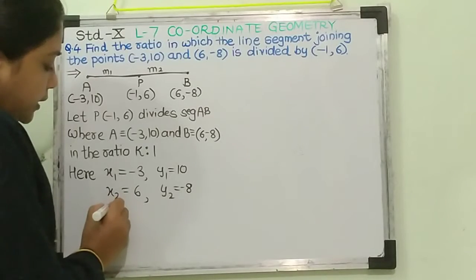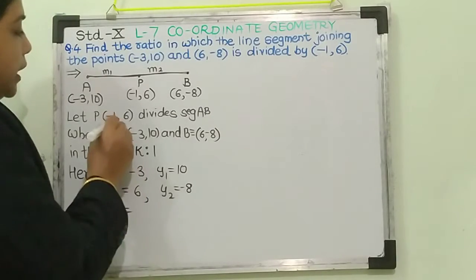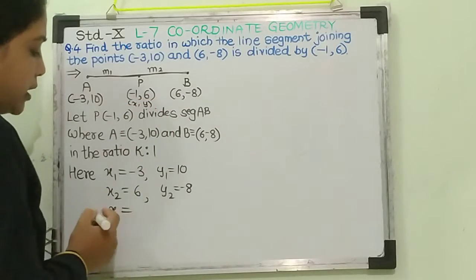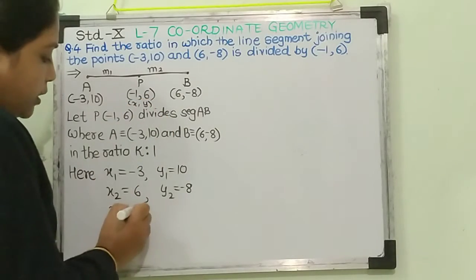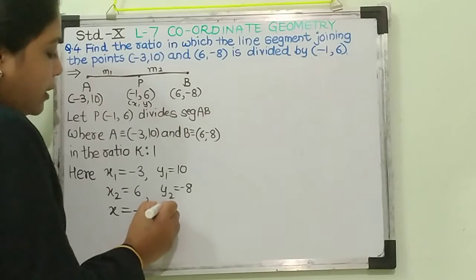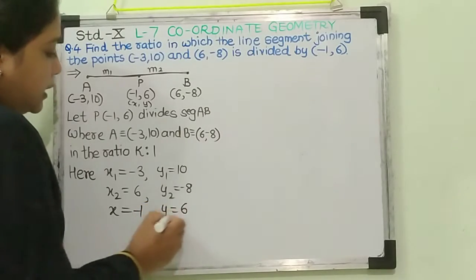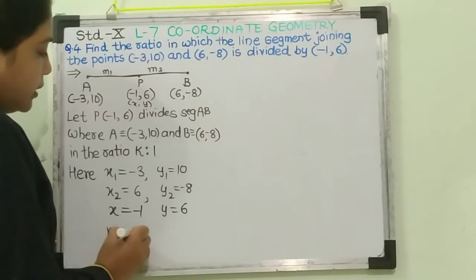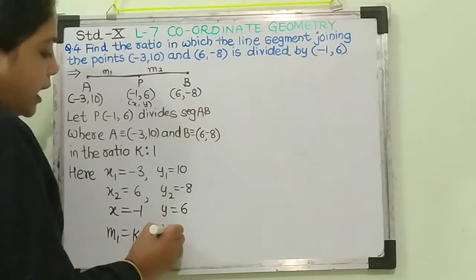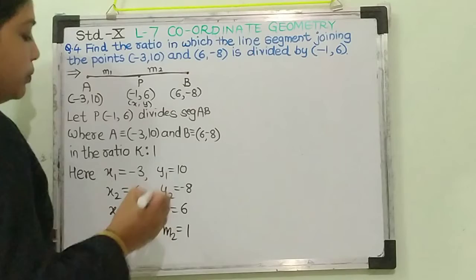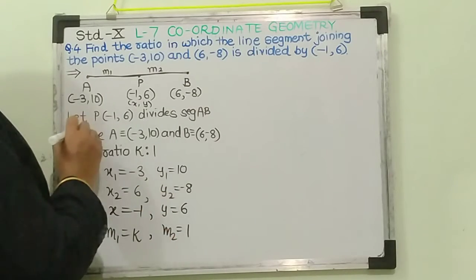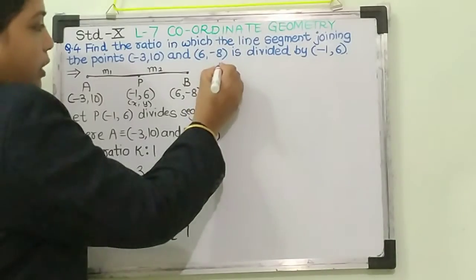Similarly, here we can write P. P means we know the coordinates x comma y. So here x is given minus 1 and y is given 6, and we know the ratio m1, that is k, and m2 equals to 1. So these values are given in the question.